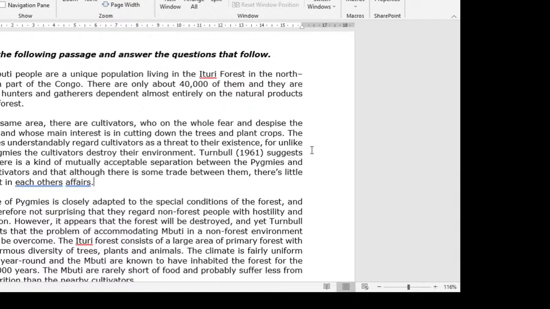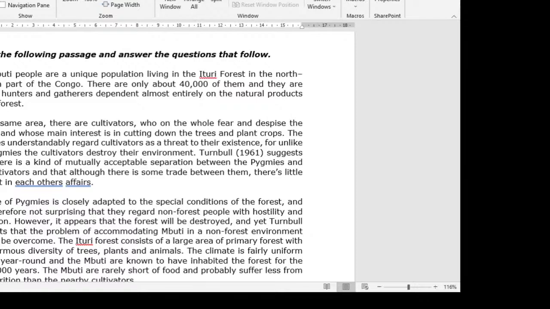The first sentence of the third paragraph, you are told that the life of the pygmies is closely adapted to the special conditions of the forest. The life of the pygmies is adapted to the special conditions of the forest. I think that is a plus or a value.